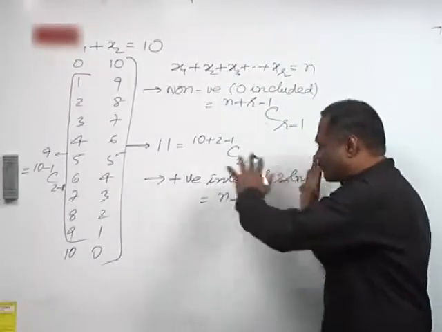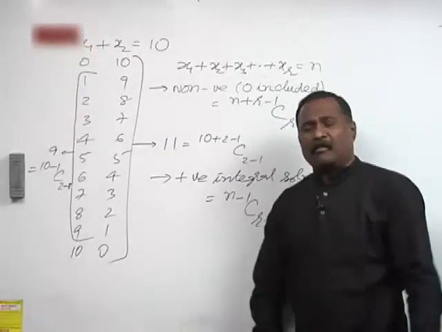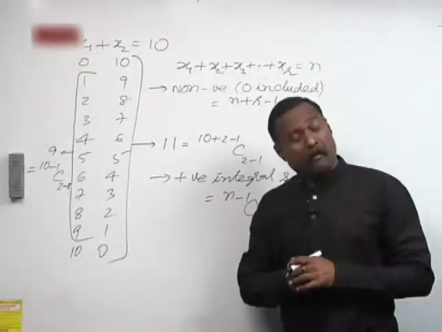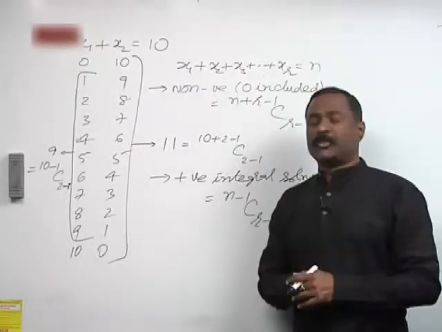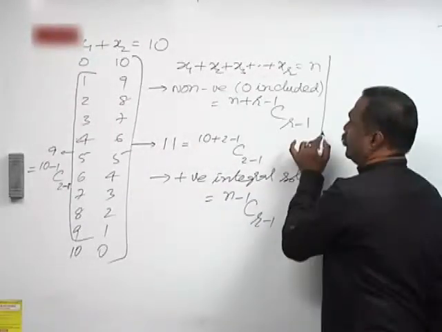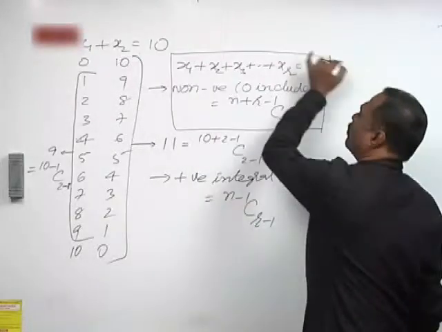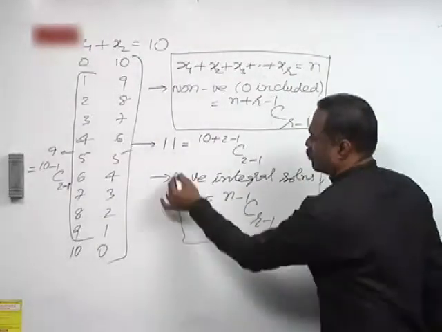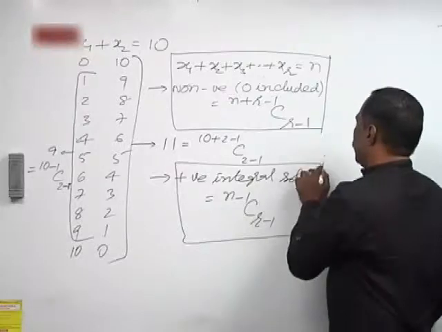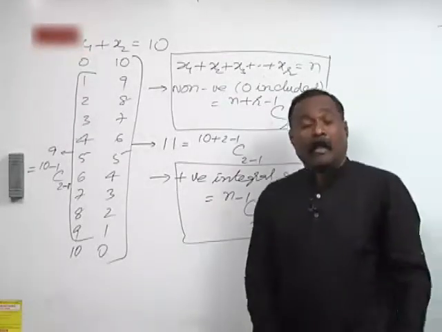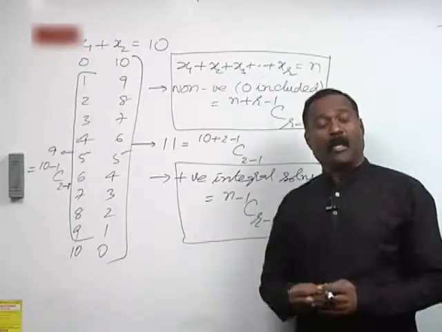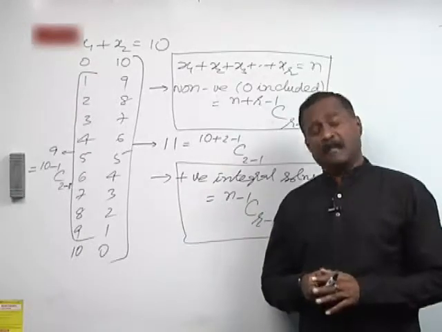Sir, you are making it some magic here with the numbers and all. But you have the derivation for this one and you can derive this using binomial theorem. We have to find the coefficients in the binomial expansion.